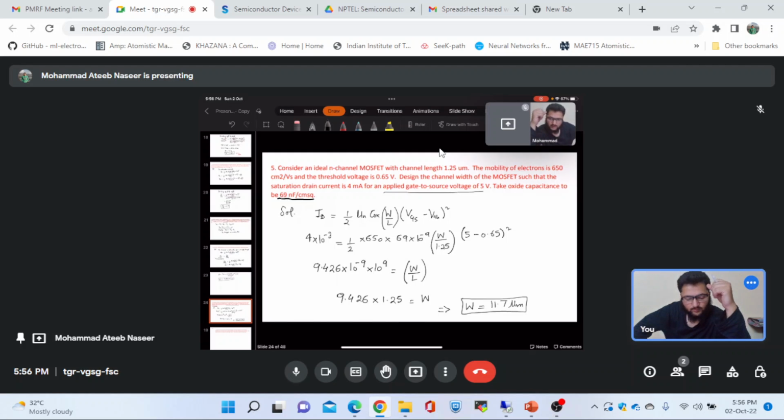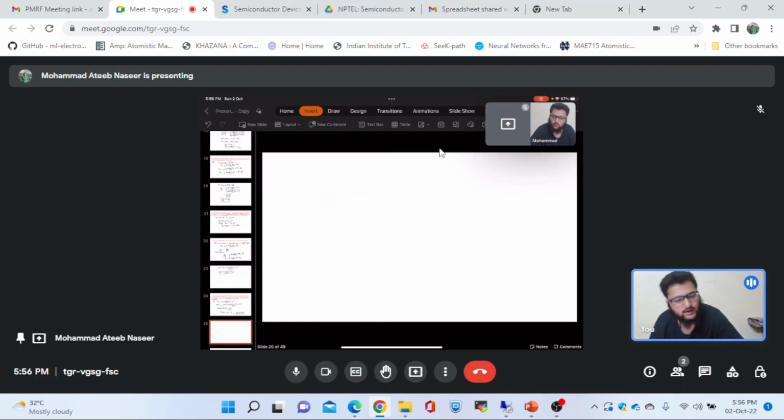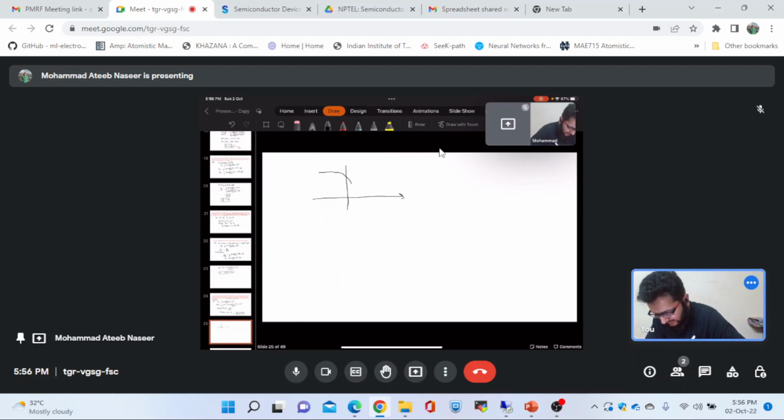So clearly, by giving it a particular length that we had been given, we found out how we can design the MOSFET. Now, previously, we had seen that when we have a fast sweep, we will be getting the capacitance curve, which was somewhat like this. It kept reducing as compared to this curve, which was in the case of high frequency.